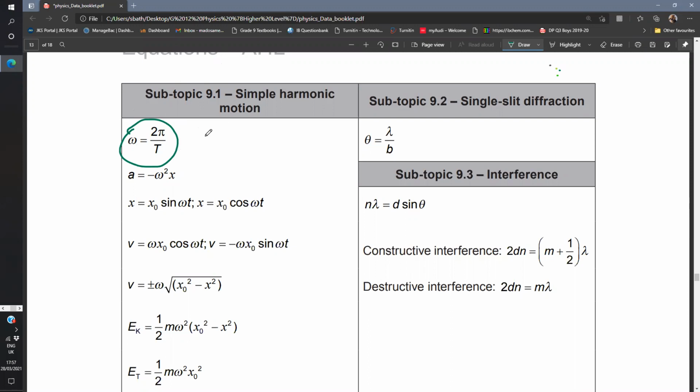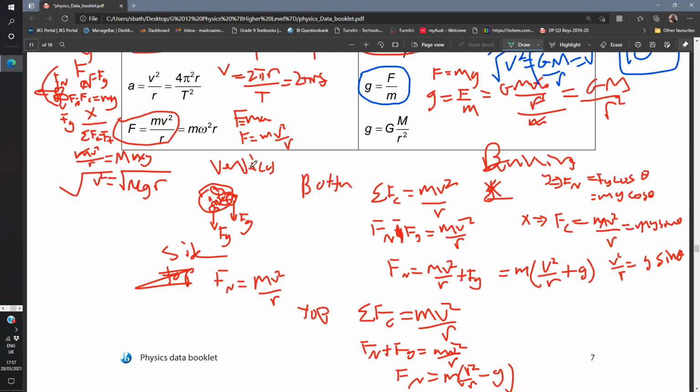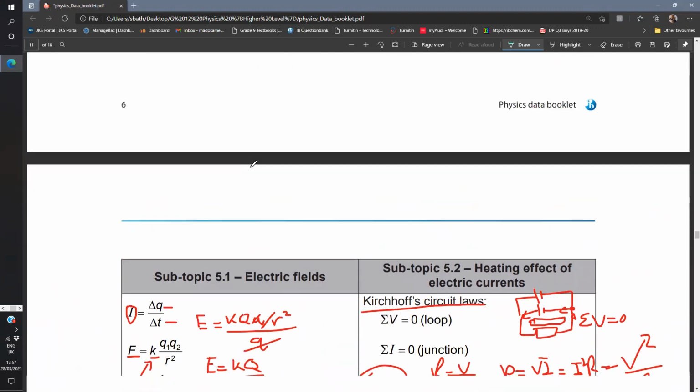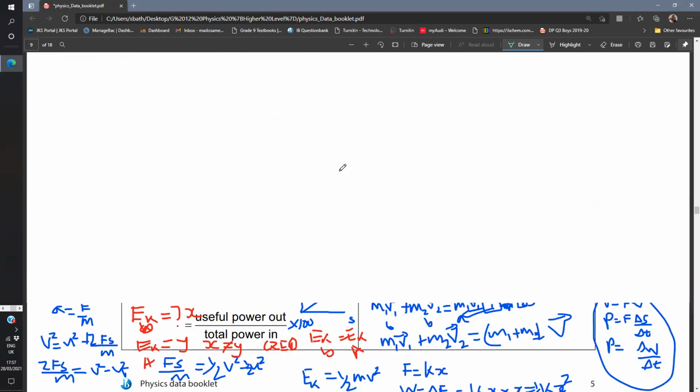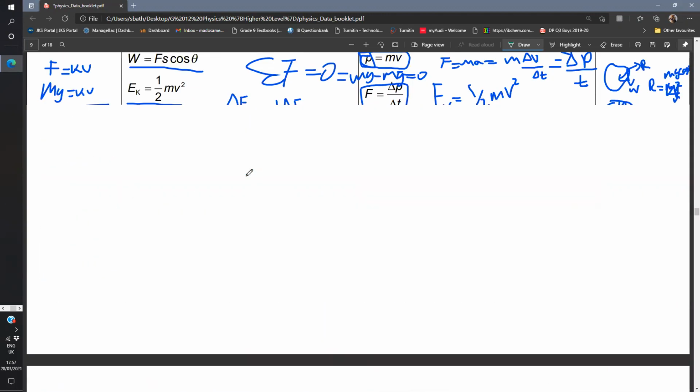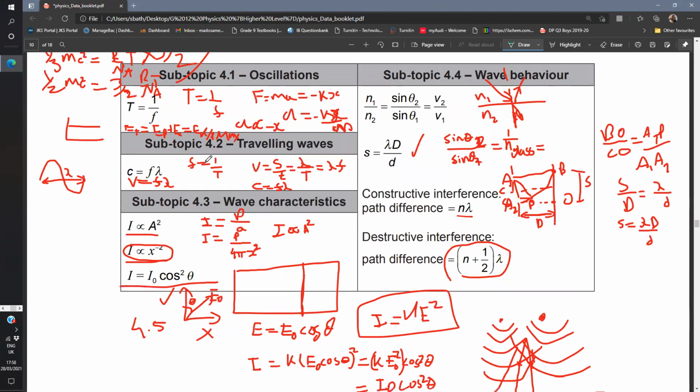So I'm going to move on to discuss the second equation. a is equal to v squared over r, we all know that. And then deriving this, we substitute the value for w. And we said previously what w was equal to in terms of v. I believe it was subtopic 4.